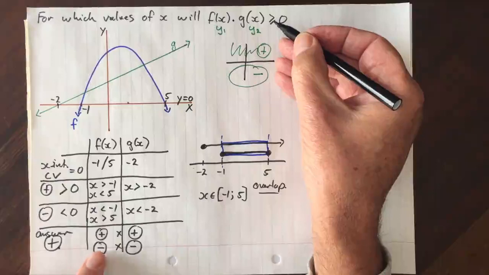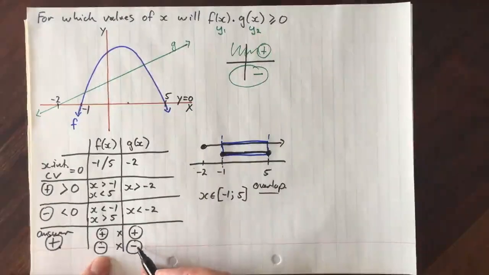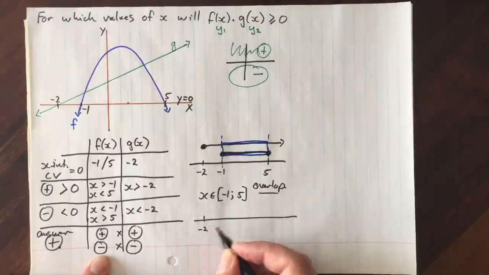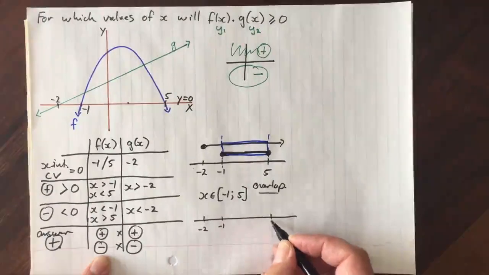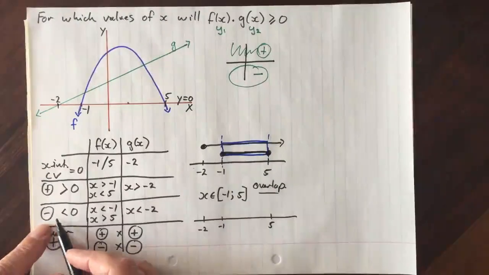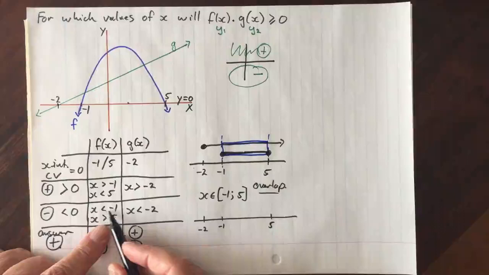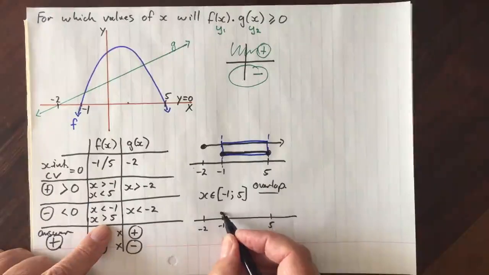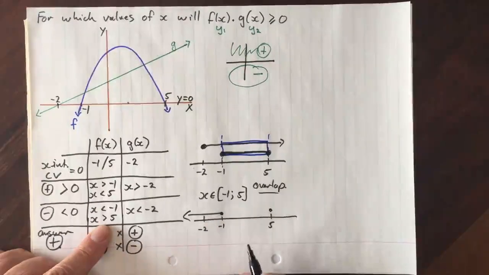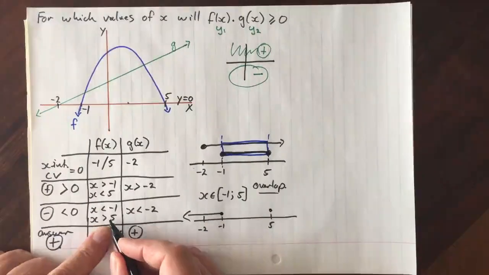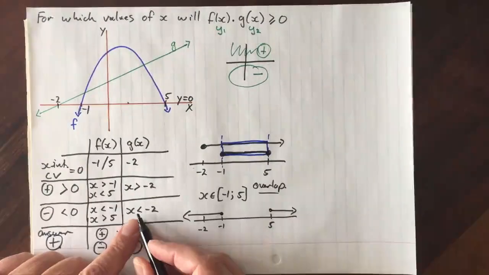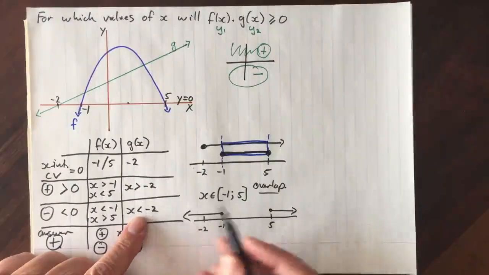Right, let's do the negatives as well over here. If we multiply negatives, on the number line, there's -2, there's -1, and 5 for my critical values. Now let's see. x less than -1 is to the left of -1, and x greater than 5 is to the right over there, and x less than -2.